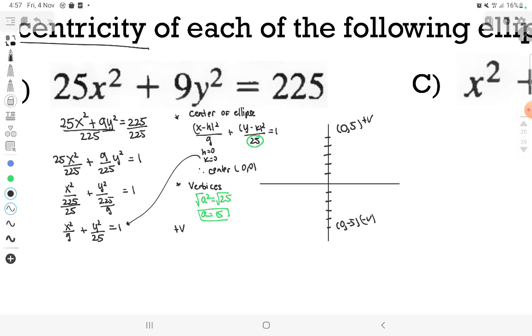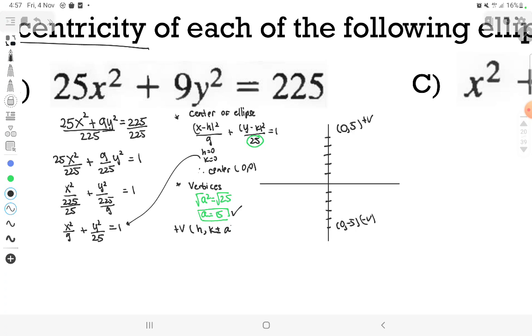How did we get that? By getting the value of our h, right? So h, because our major axis is not at our horizontal, it is at our y coordinate. Okay, vertical, I should say. So h, and our k will be k plus or minus our value of a.